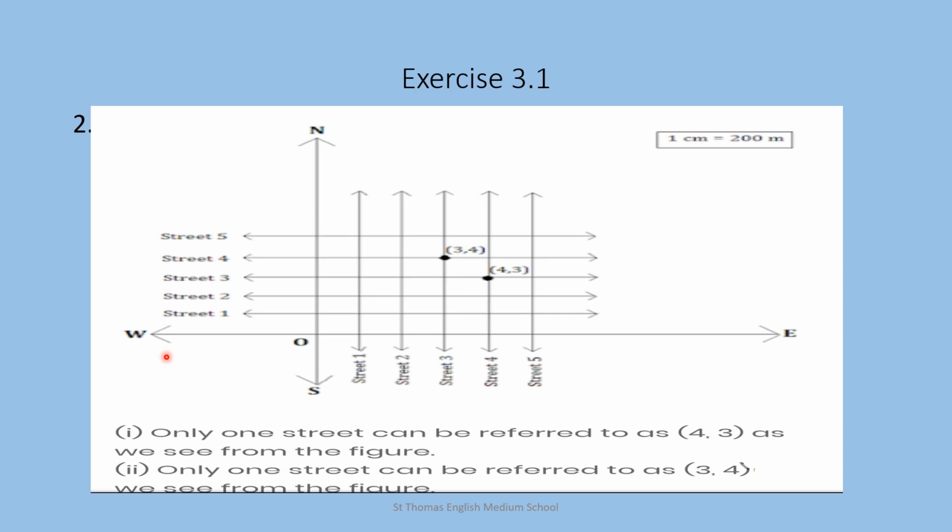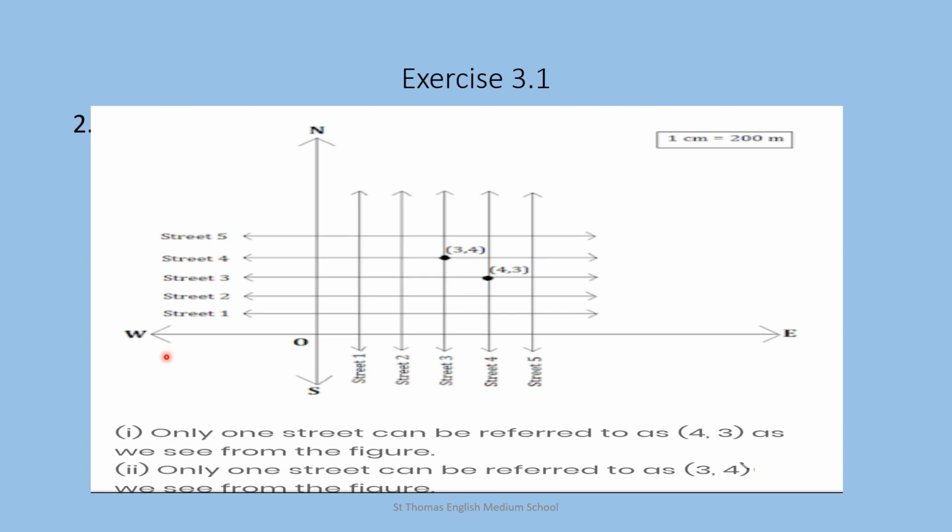If the second street running in the north-south direction and the fifth in the east-west direction meet at some crossing, then we will call this cross street as ordered pair 2, 5. Using this convention, find how many cross streets can be referred to as 4, 3, and question number 2, how many cross streets can be referred to as 3, 4.